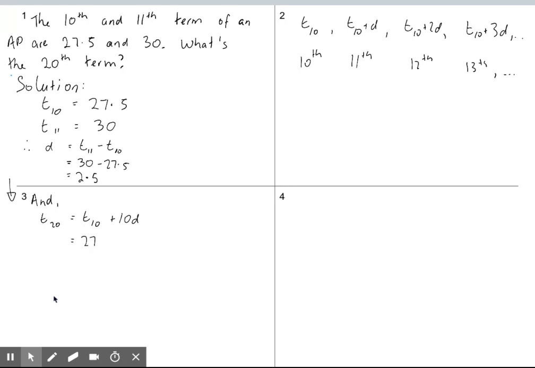T10 is 27.5, D is 2.5, and so I can calculate an answer. 27.5 plus 25, and so we have 52.5 for the value of T20, i.e. the 20th term is 52.5. What do you reckon?